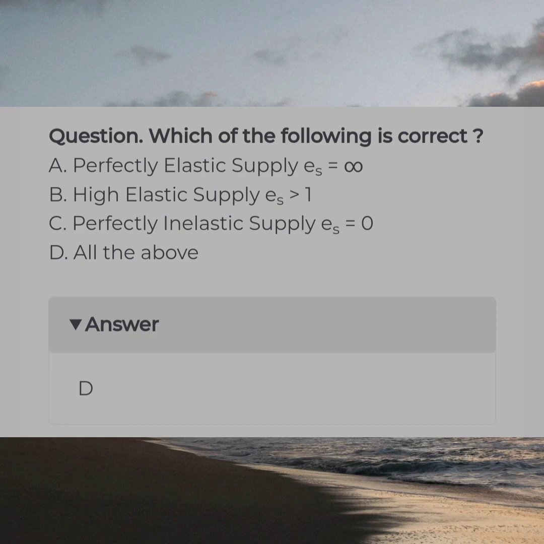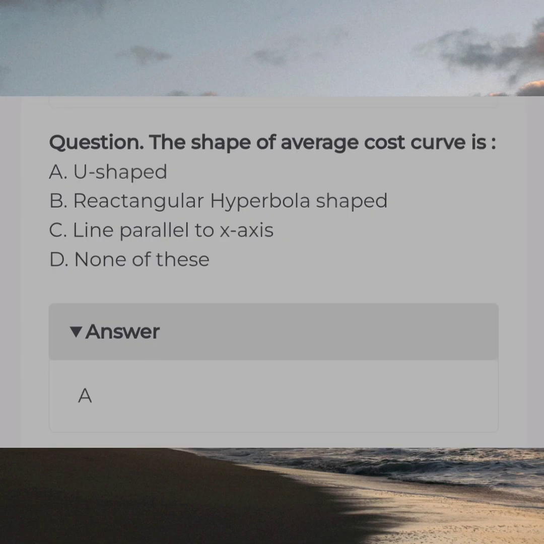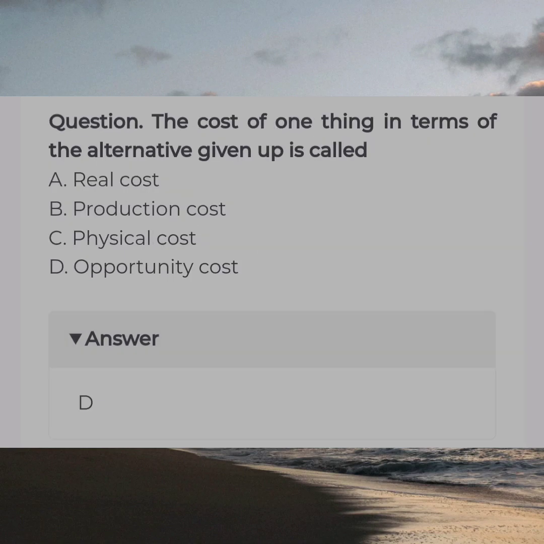Answer D, all the above. The shape of average cost curve is answer A, U-shaped. The cost of one thing in terms of the alternative given up is called answer D, opportunity cost.